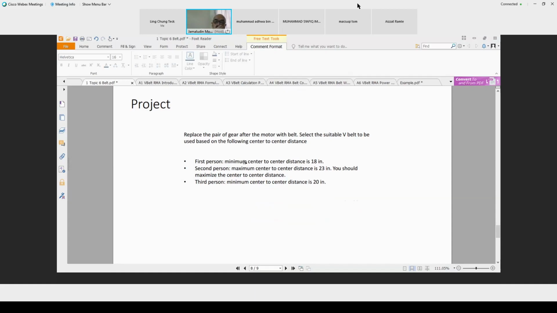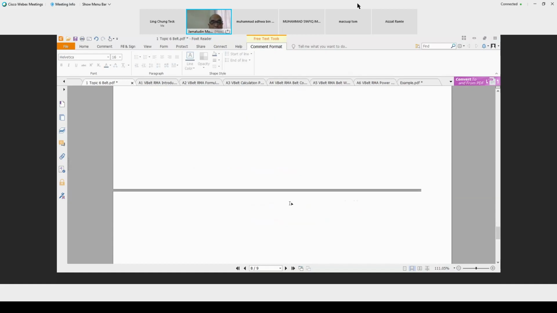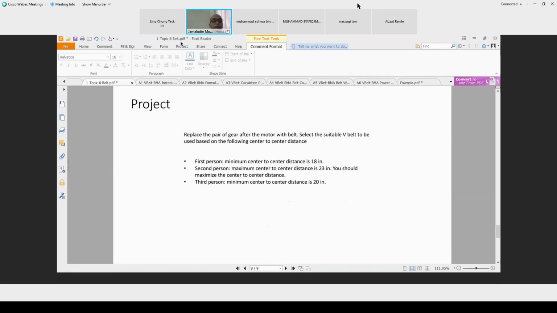You should maximize the center to center distance. And for the third person, the minimum center to center distance will be 20 inches on the first pair of gear. That means this will be for the first person, this for the second person, and this for the third person. All right, I think that will be all for the belt selection.